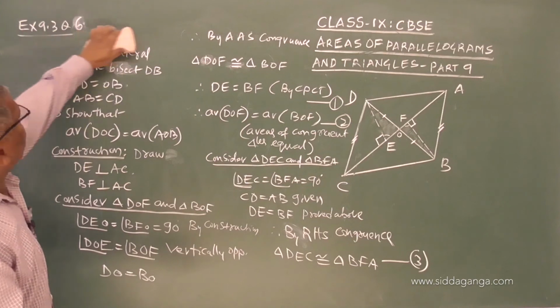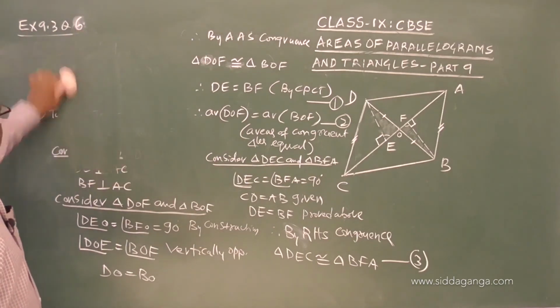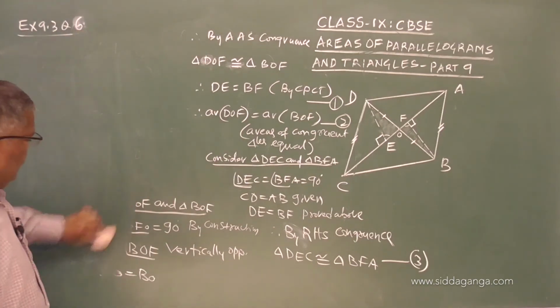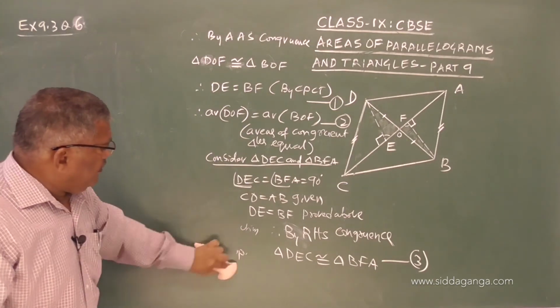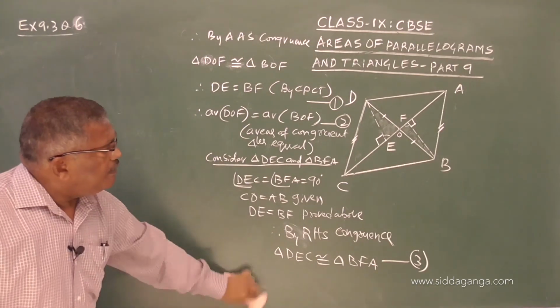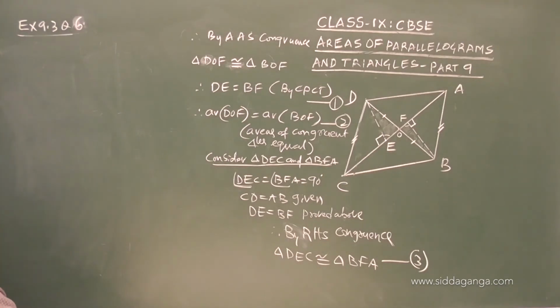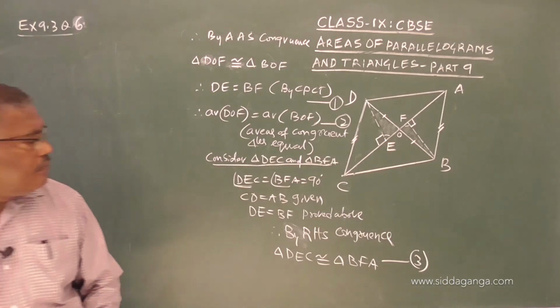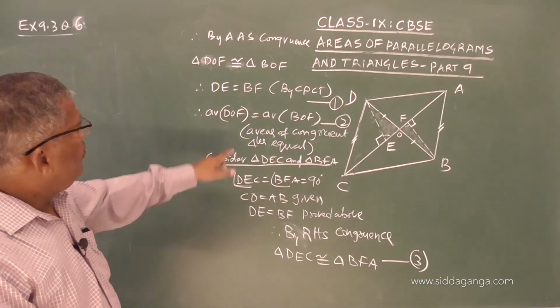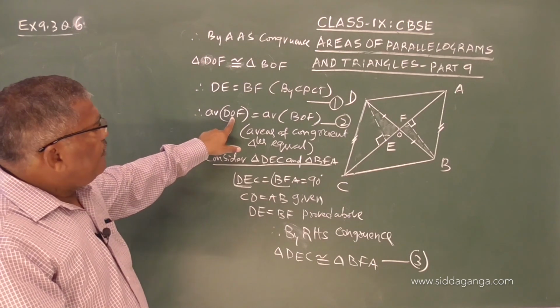Now I will continue from here. So in 2 we have DOE and BOF.